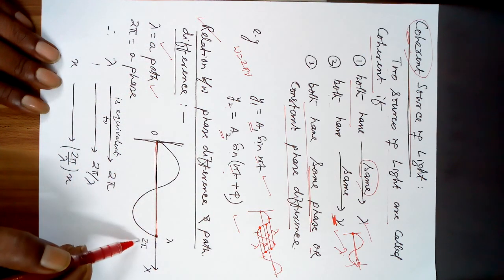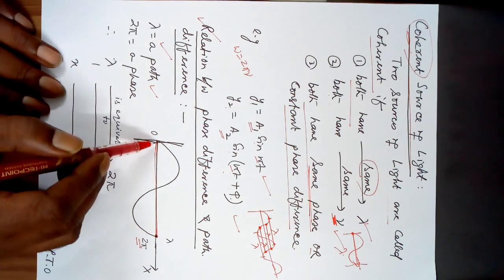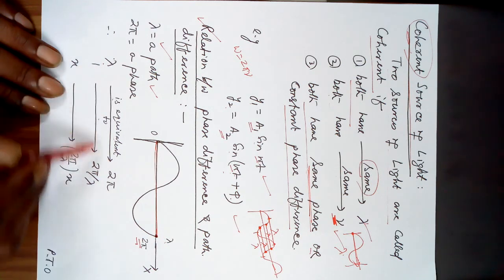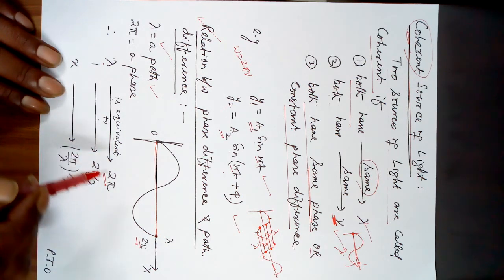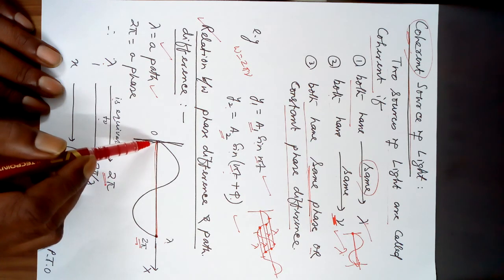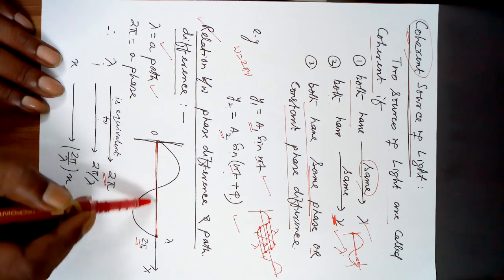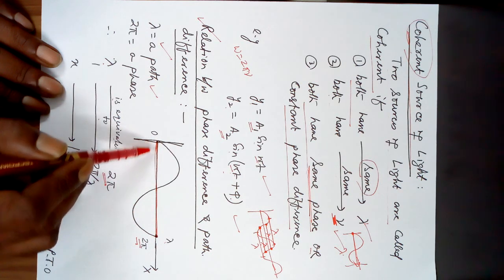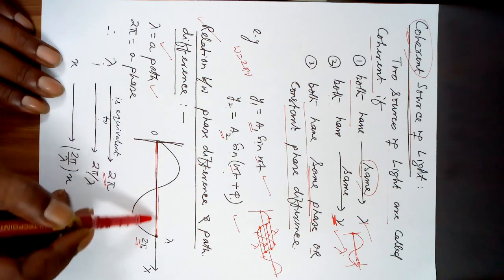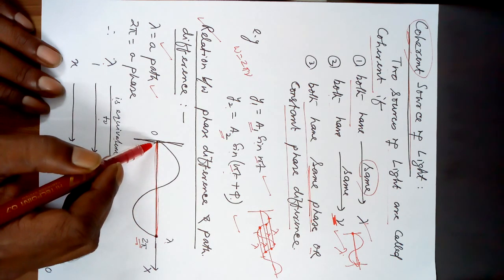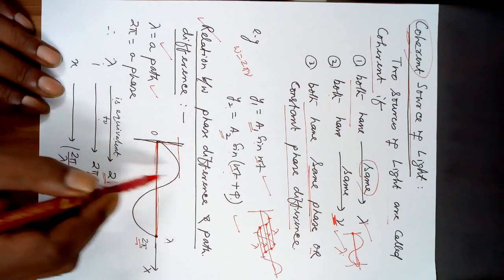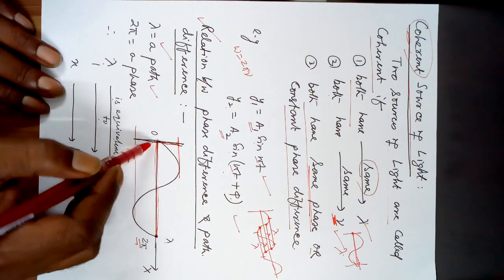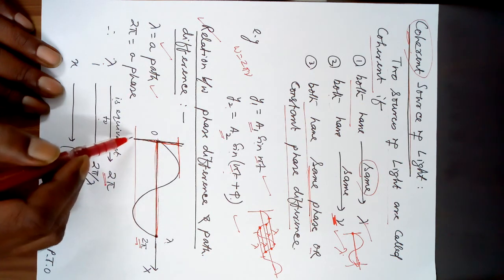Now the angle is 2 pi. What do you mean by this? How is lambda equivalent to 2 pi? By the time the disturbance has traveled a distance lambda, from here to here, this particle has gone up to this point, come down again to this point, and again back.